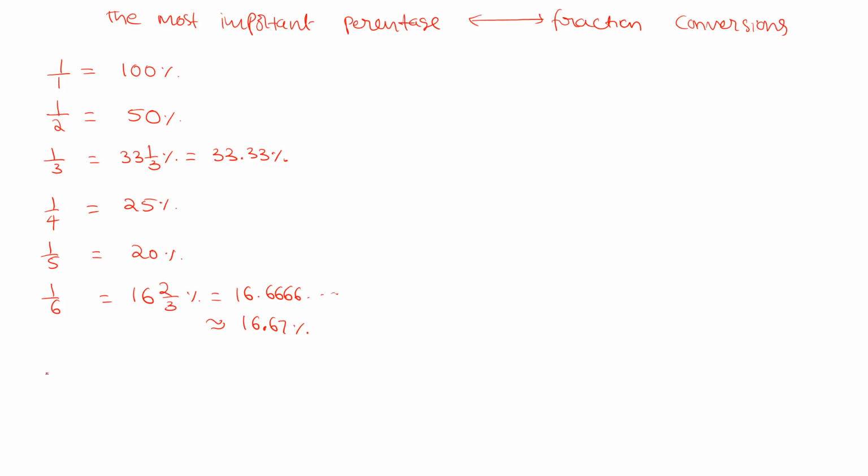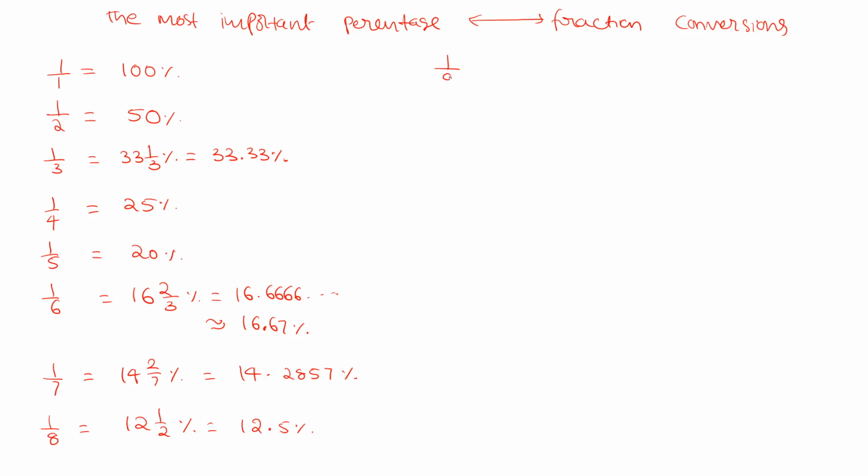And the next one, 1 by 7 is nothing but 14 2 by 7%, or we can take it as 14.2857%. I am going to give you both the fractional percentage and the decimal percentage when it is required. 1 by 8 is nothing but 12.5%.